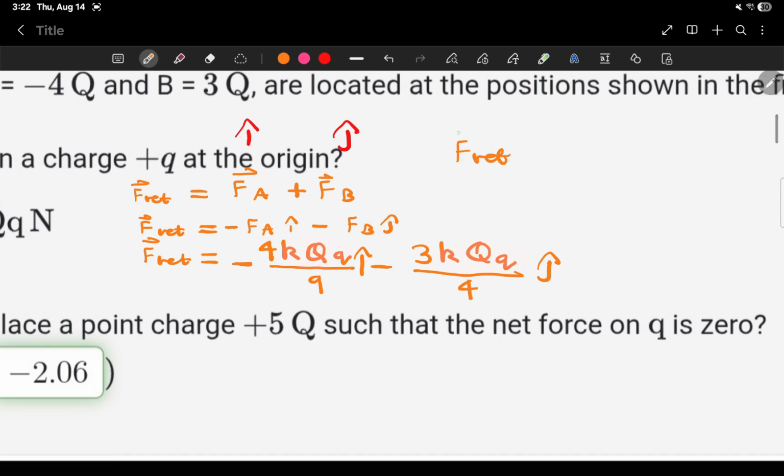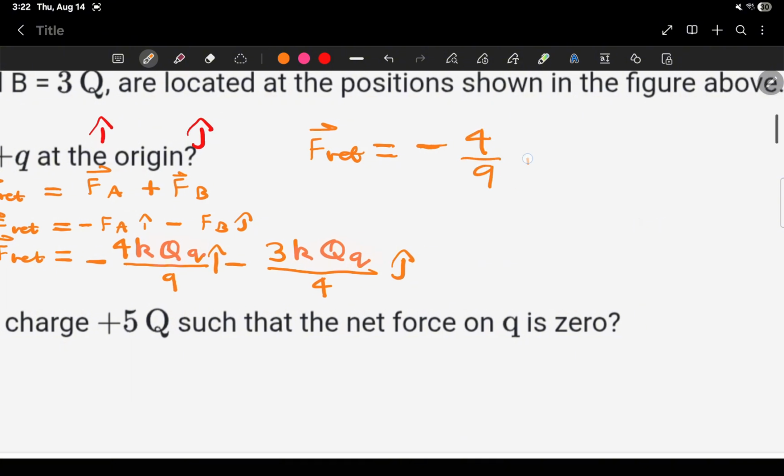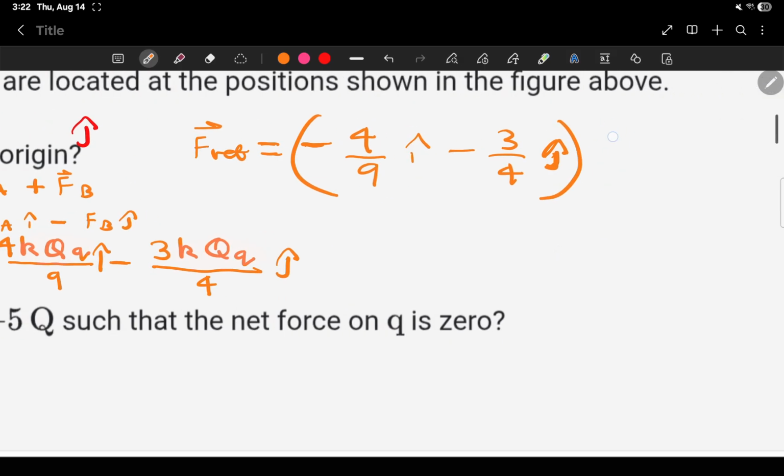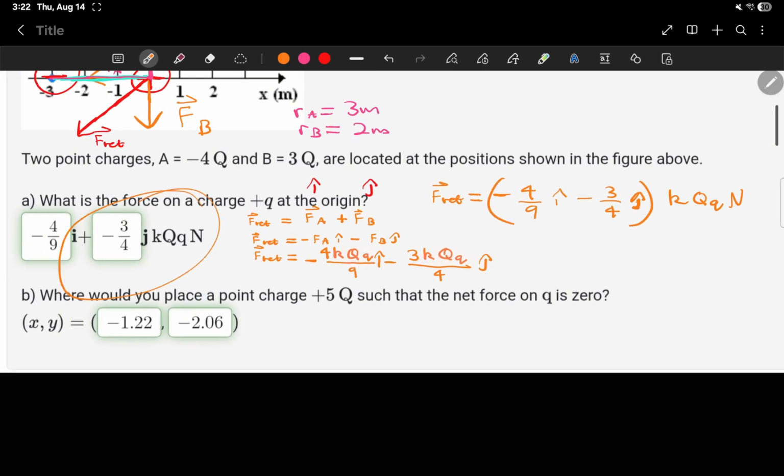I know I'm being a bit redundant, but it's just so that you could understand. So that's j hat, and they've just factored out k, big Q, small q, and they've written it like that. That's all they did.